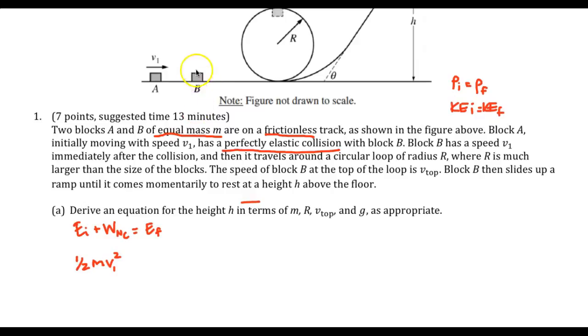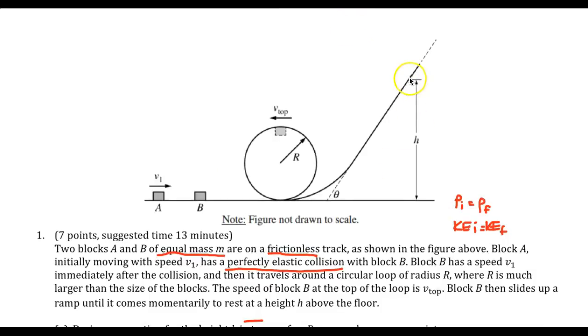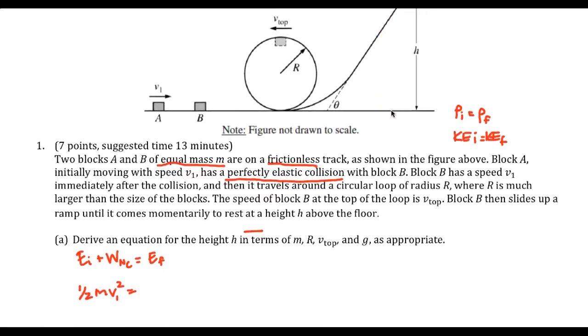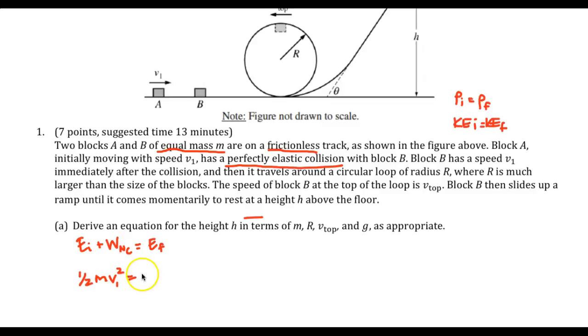And that's right here at this point here. It's going to go through this loop, and it's going to go up the ramp. So I'm going to sort of skip this whole circular part and just focus on the energy at the very top here. So the energy when it gets to this height h up there. At that height h, it's going to have mass. It's going to have all potential energy as it comes to a stop.